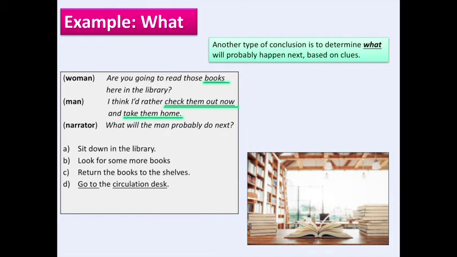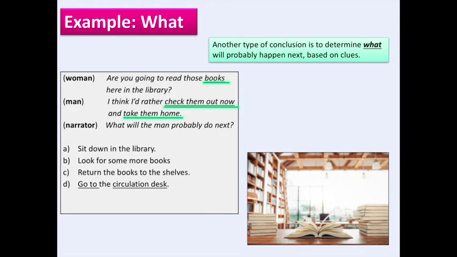Here are some of the clues in this dialogue. Books, check them out, and take them home. So, we can guess based on these clues that the person is probably at the library.